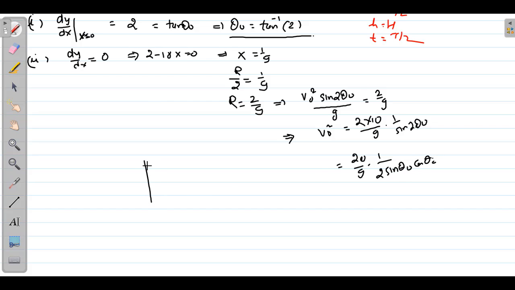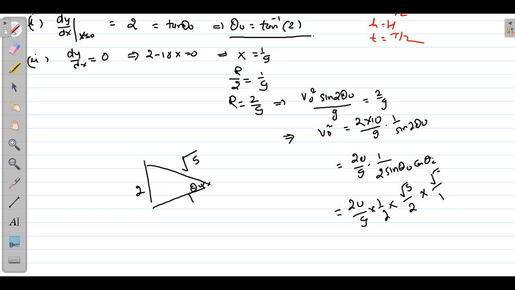We have already found tan theta 0 is 2, and tan theta 0 is 2 means perpendicular over base, so the hypotenuse is root 5 using the Pythagoras theorem. That means it will be 20 by 9 into 1 by 2 into sine theta, which is perpendicular over hypotenuse, into cos theta, which is base over hypotenuse.